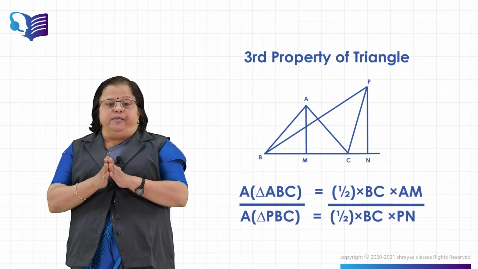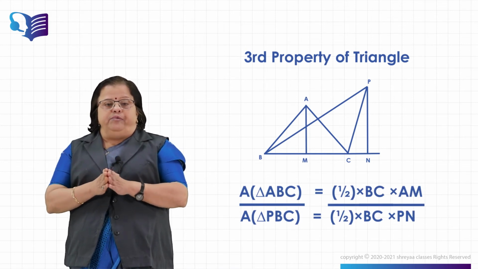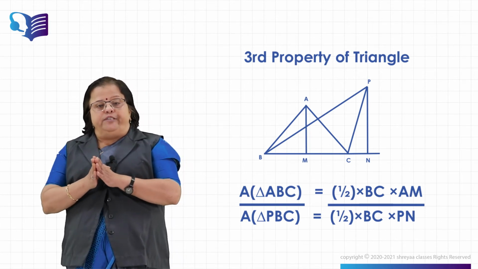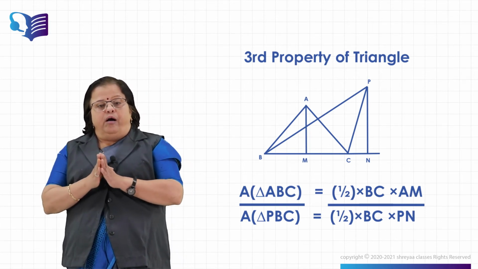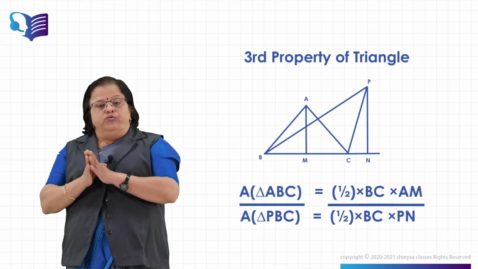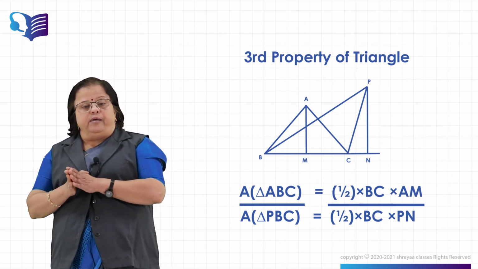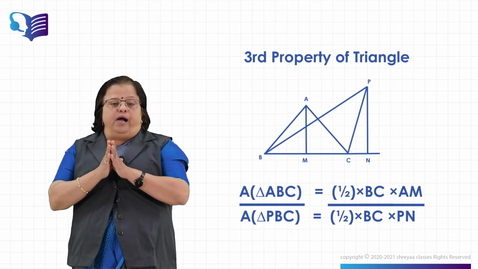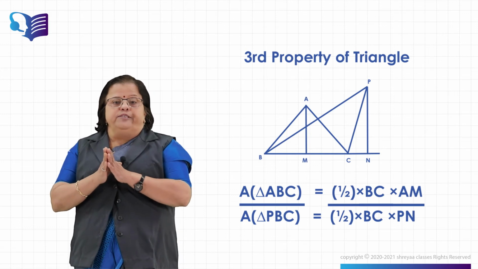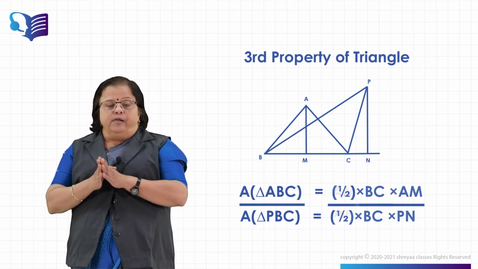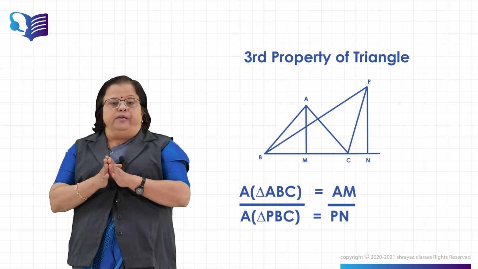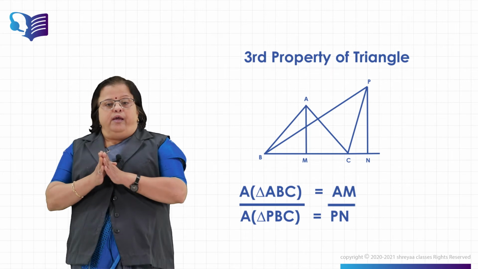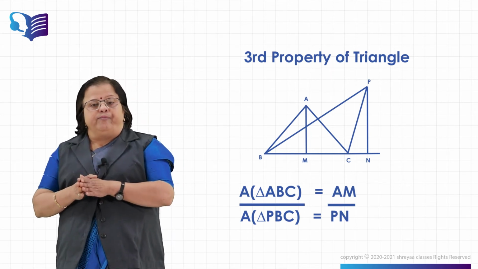Area of triangle ABC upon area of triangle PBC is equal to half into BC into AM upon half into BC into PN. Here, in the numerator and denominator, half gets cancelled and BC also gets cancelled. Therefore, area of triangle ABC upon area of triangle PBC is equal to AM upon PN.